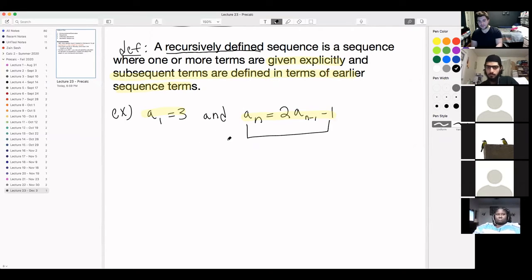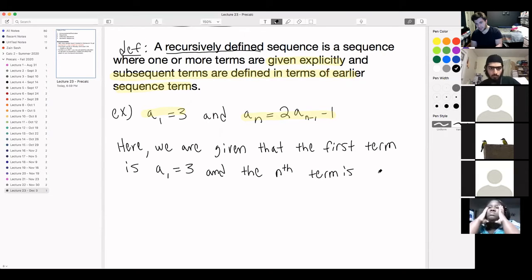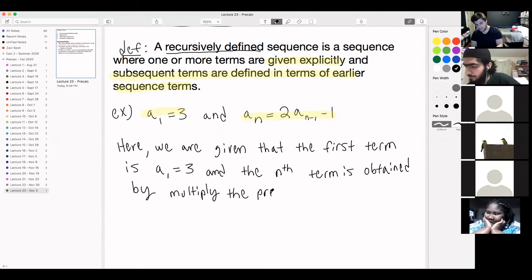Let me explain what this means. Here we are given that the first term is a sub 1 equals 3, and the nth term is obtained by multiplying the previous term by 2 and then subtracting 1.